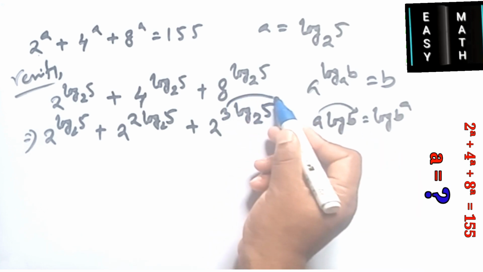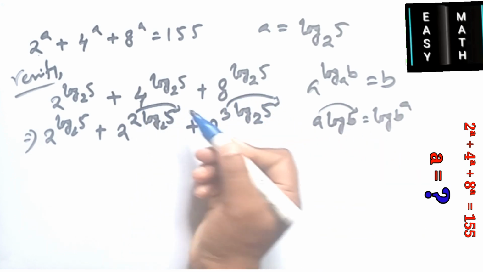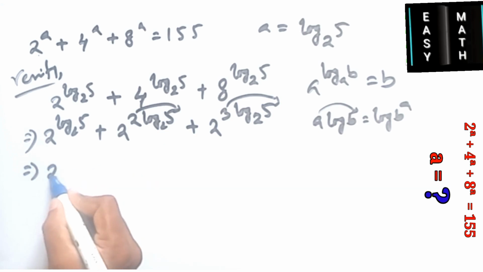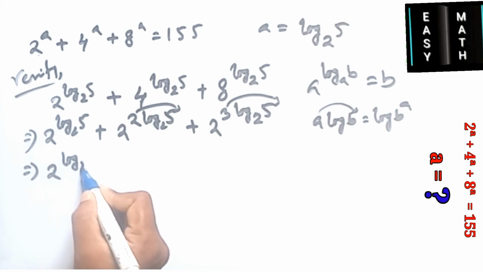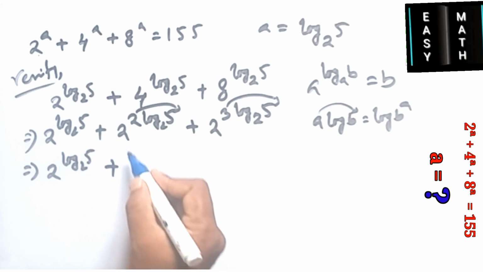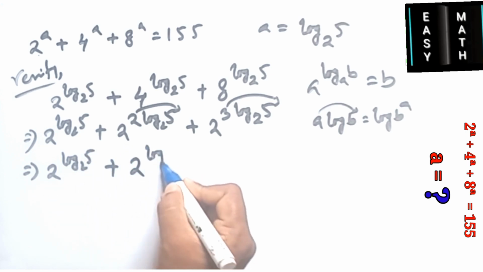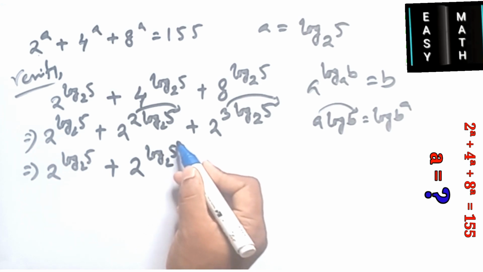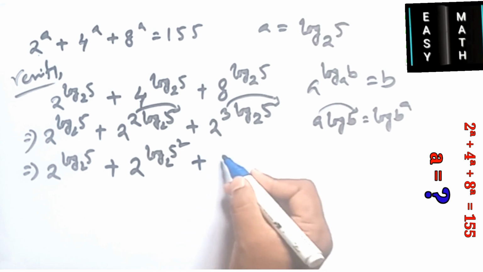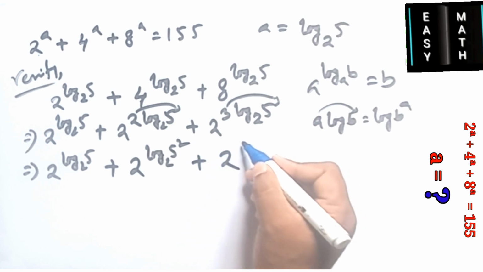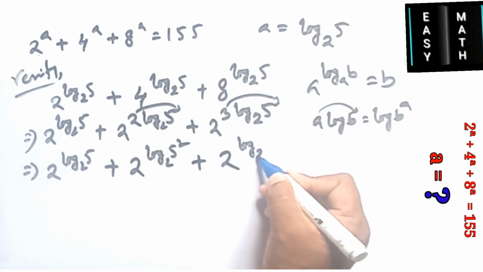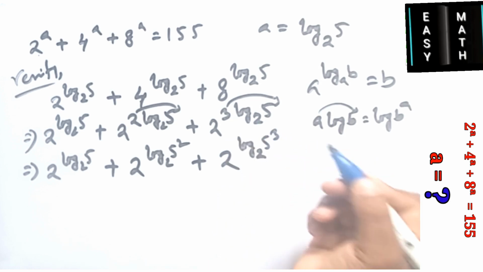So all is gone here. So 2 to the power log 2 base 5 and 2 to the power log 2, this is 5 square, and this is the 2 to the power log 2, this is the 5 cube.